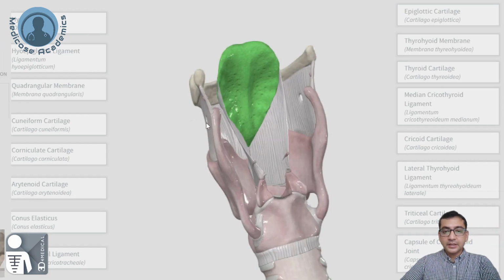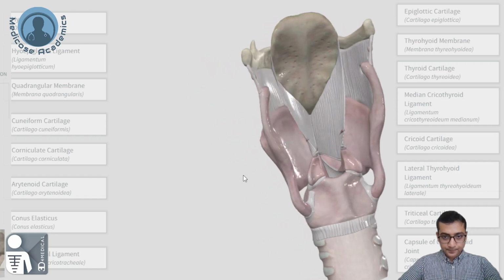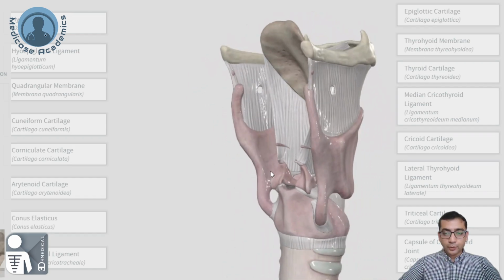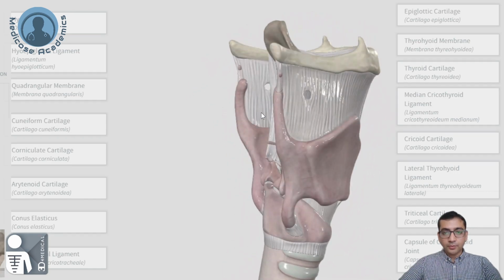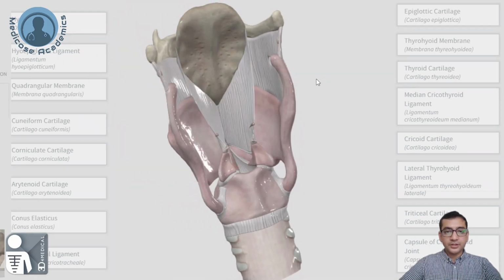It has a tendency to fall back onto the larynx when you are swallowing, and it acts as the gatekeeper. It acts as the lid of the larynx. When you are swallowing, it goes back, it covers the laryngeal inlet, and it protects any food particle from coming inside. This is about the epiglottis.